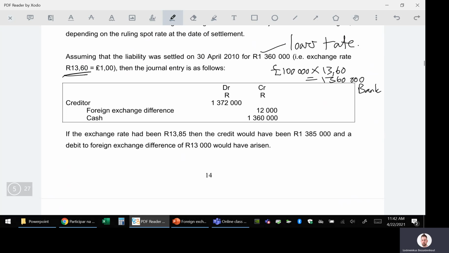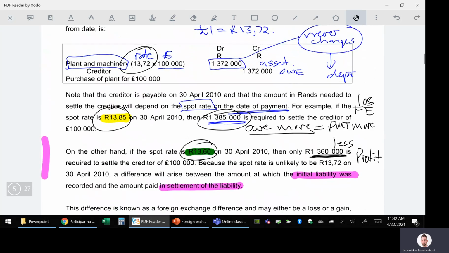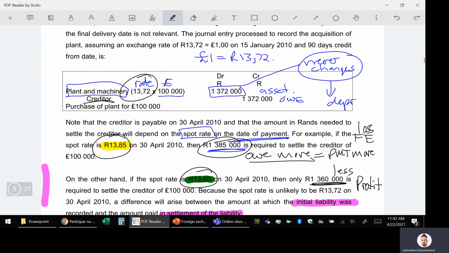If we credit the bank with 1360, our creditor should be 0 now, because on the transaction date, we had 1372 as a credit to the creditor. If you go to the first journal, we credit the creditor with 1372.